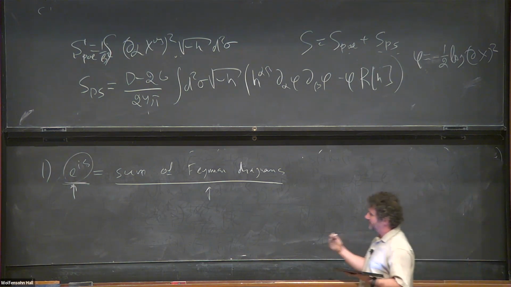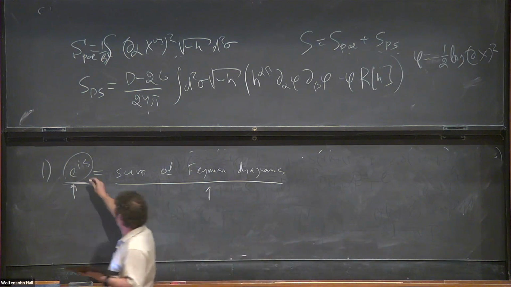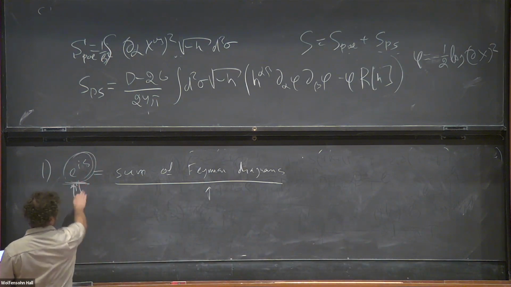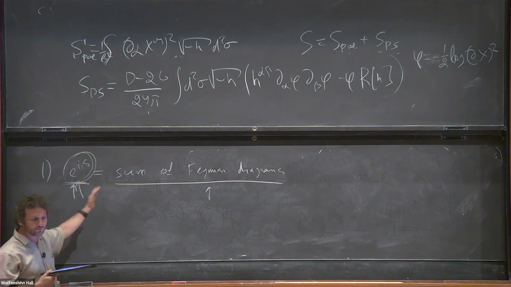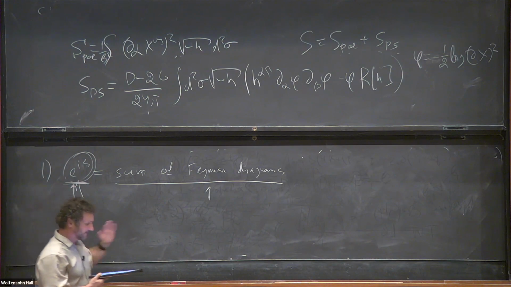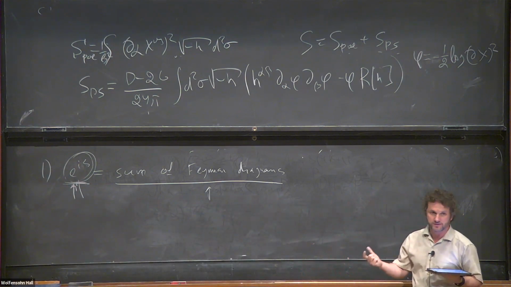First of all, this term should be local from the two-dimensional perspective. The theory with this S matrix satisfies everything you want from a two-dimensional theory, so it defines a well-behaved two-dimensional theory. And there is a name for this theory: these days it's called a TT-bar deformation of d minus 2 free bosons.